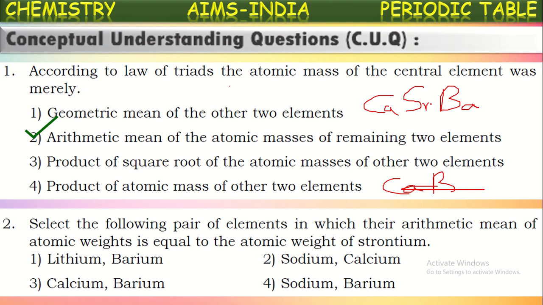Now the atomic mass of strontium will be equal to the arithmetic mean of the atomic masses of calcium and barium, according to Dobereiner's law of triads. That is the option here.